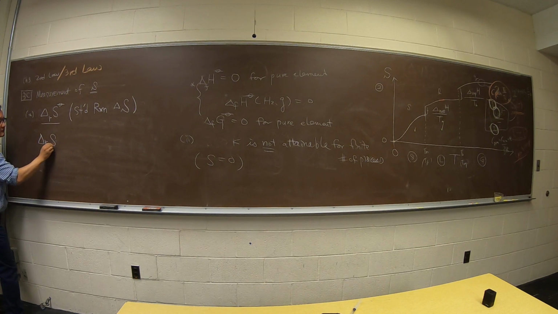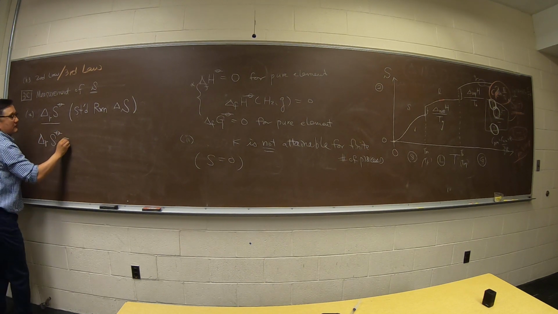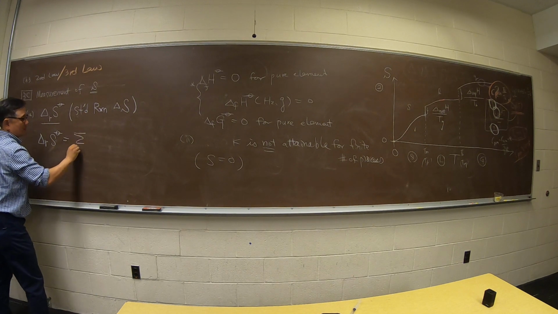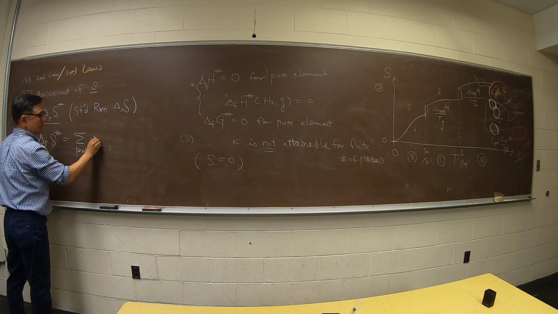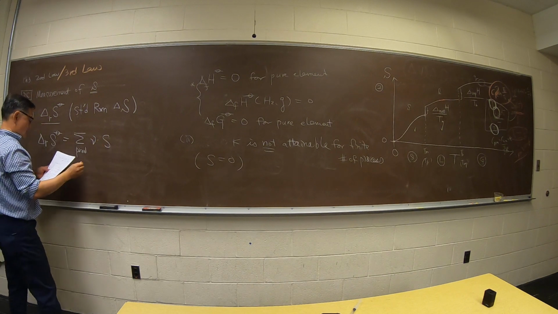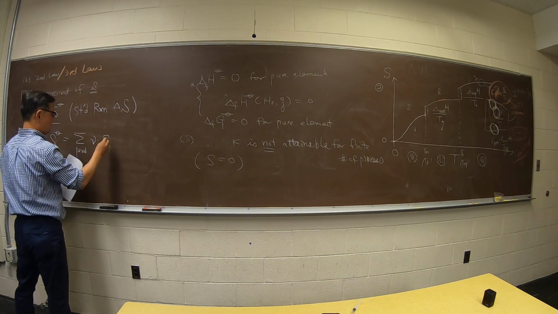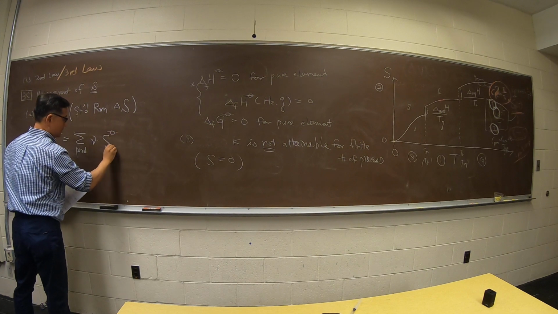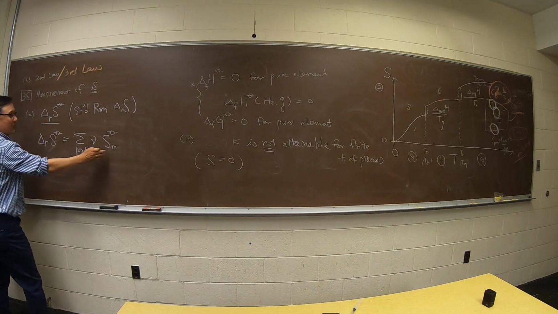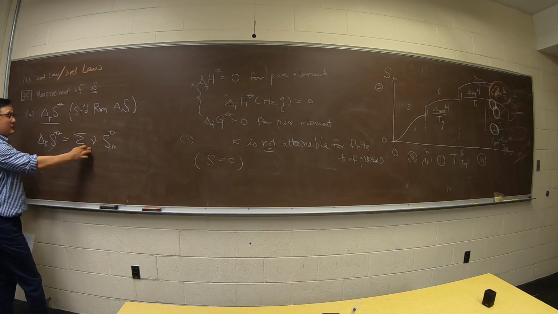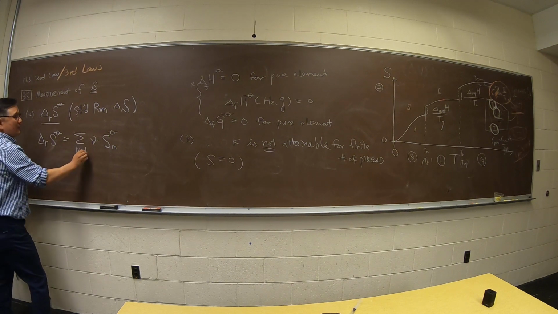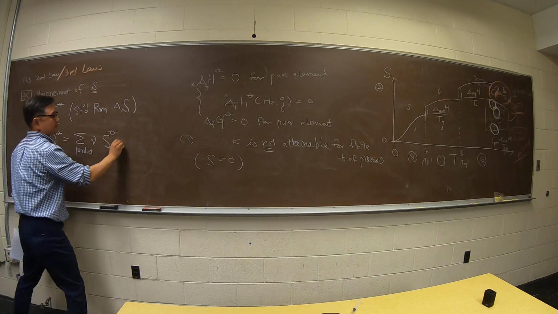For the products, mu times S, molar. So this is on a per mole basis, and this mu is the number of moles defined by your reaction.